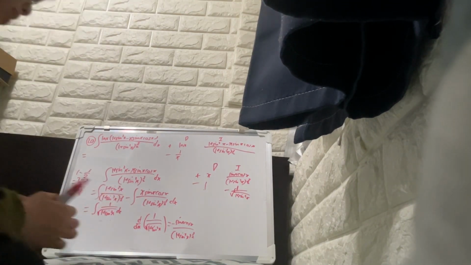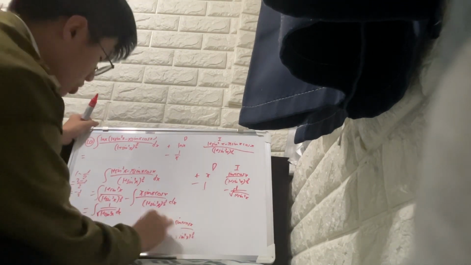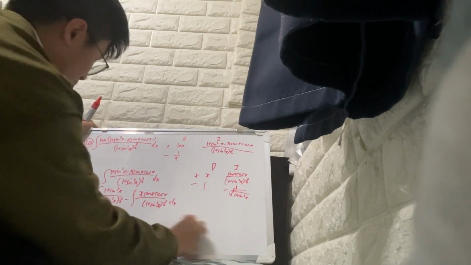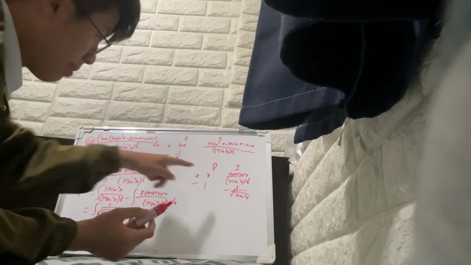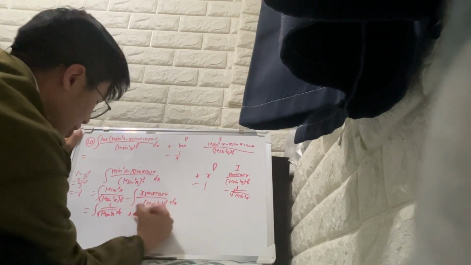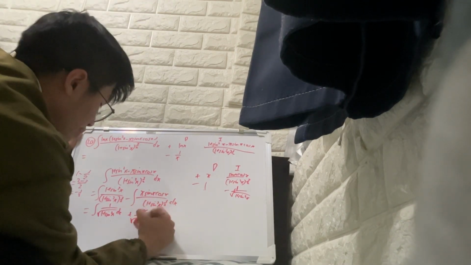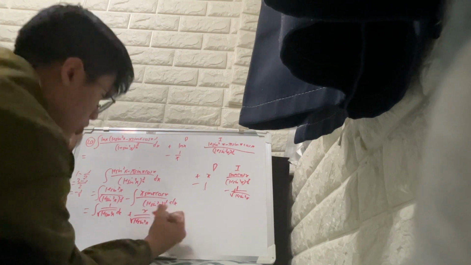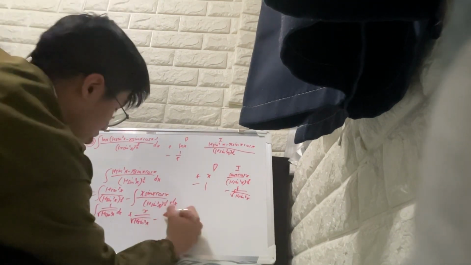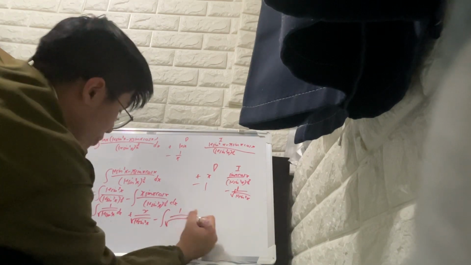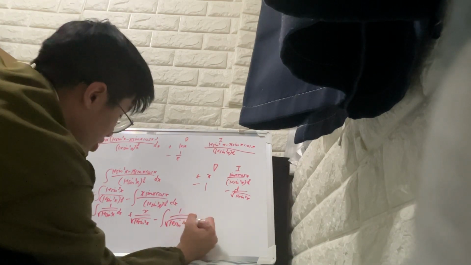Negative times negative. Minus and minus become positive, right? Plus x over, this is the first part of the answer, the square root of 1 plus sin squared x. And then negative times negative becomes positive, but in front we have another 1 over square root of 1 plus sin squared x dx.